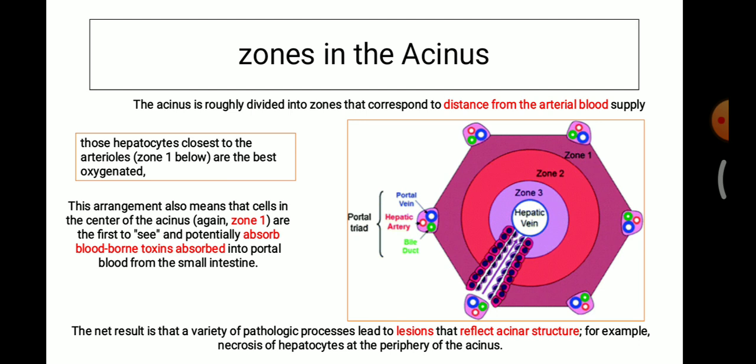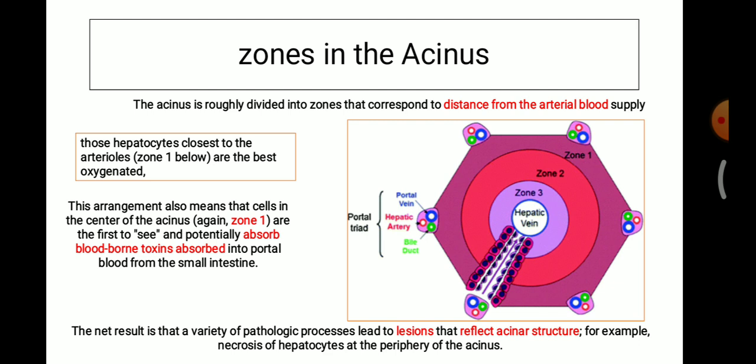The acinus is roughly divided into zones that correspond to distance from the arterial blood supply. Those hepatocytes closest to the arterioles are the best oxygenated, and this arrangement also means that cells in the center of the acinus, that is zone 1, are the first to see and potentially absorb blood-borne toxins absorbed into portal blood from the small intestine.